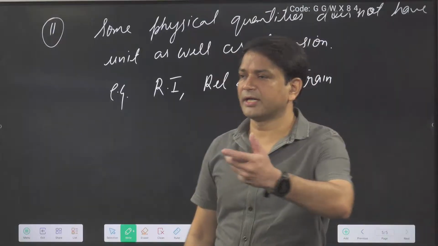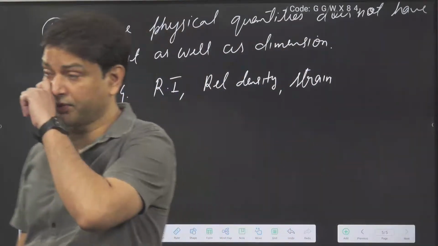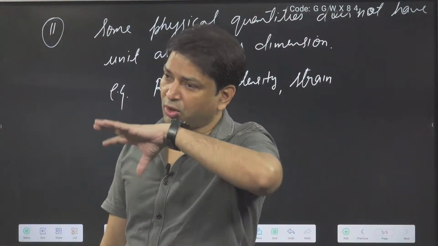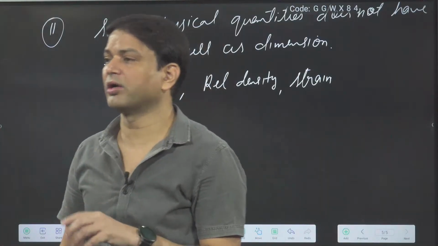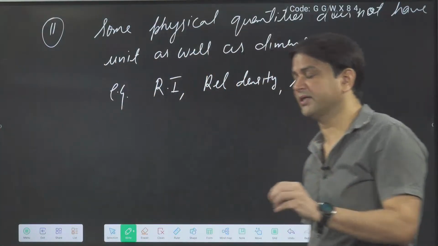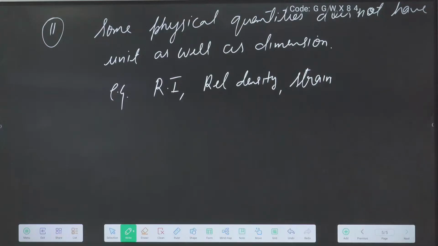But there are two quantities mainly that we know, where a quantity does not have a dimension but it has a unit. What is that example? So many times I said a quantity does not have dimension but it has unit.